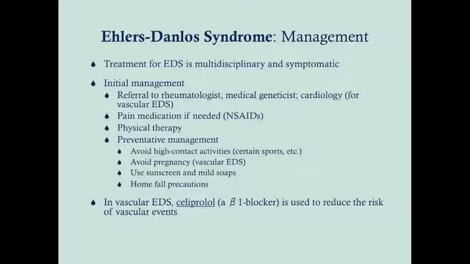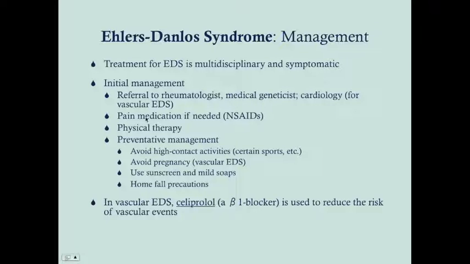For management, there's nothing we can do other than prevent complications. So it's going to be a multidisciplinary approach, primarily going to be spearheaded by the rheumatologist, and we're going to prevent complications and address their symptoms. So initially, you'll refer them to a rheumatologist and a medical geneticist.